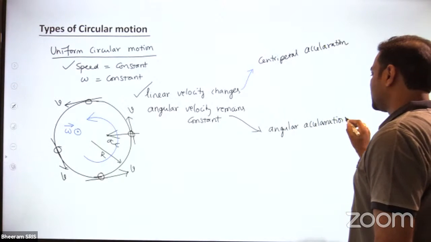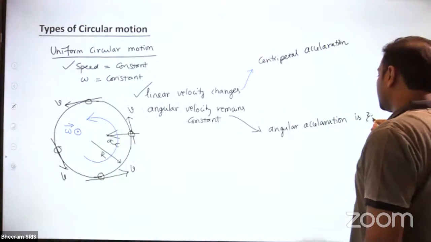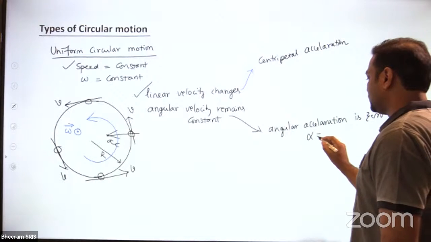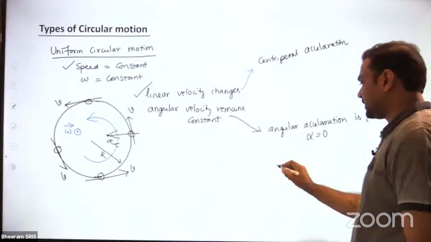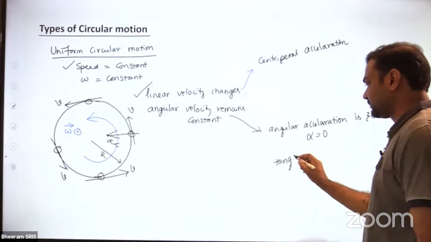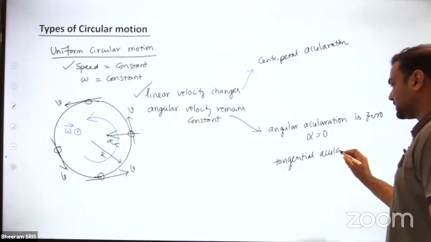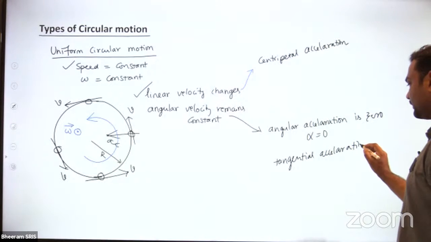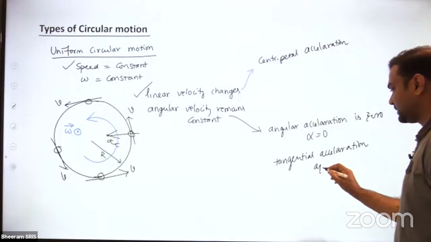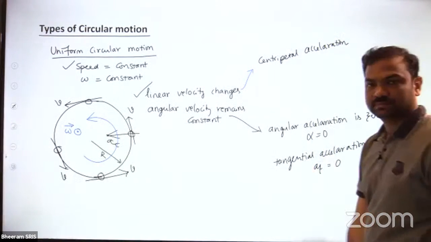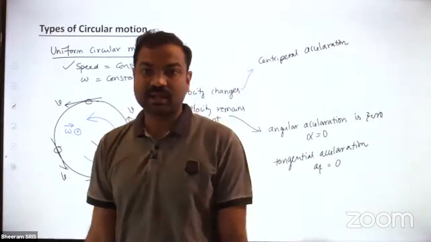If angular velocity is constant, angular acceleration should be 0 only. Alpha is 0. If alpha is 0, then what is the tangential acceleration? Tangential acceleration will be 0 because tangential acceleration is r alpha.